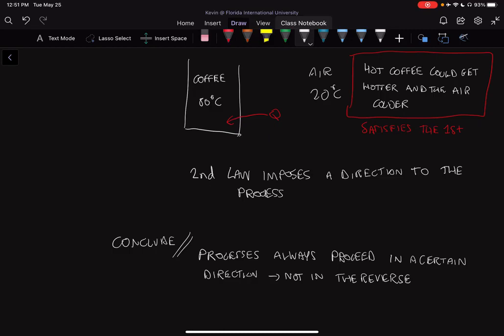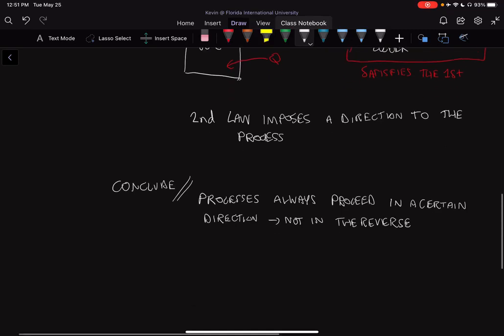So from experience, we can tell that we only proceed in a certain direction with processes.